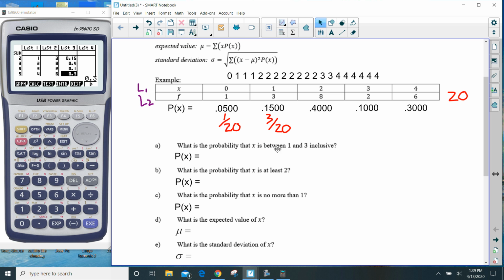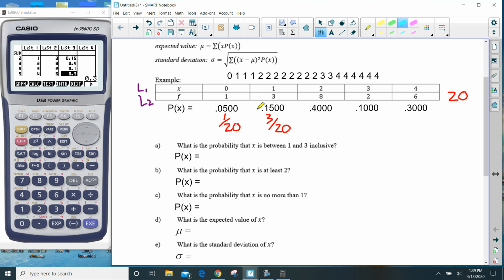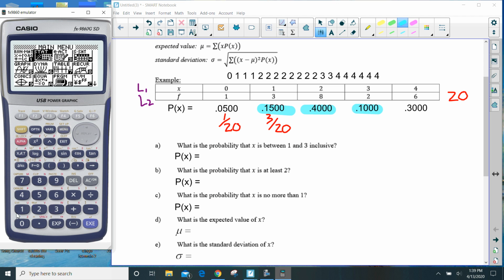All right, so when I need to find the probability of something, like for instance in question 1, what's the probability that x is between 1 and 3? What you're going to do is physically take the sum of the probability of 1, 2, and 3. That's one way you can do it. So the probability of 1 to 3 would be the probability of this 1, this 2, and this 3. So you can add up the probability of 1, 0.15, plus the probability of 2, plus the probability of 3.